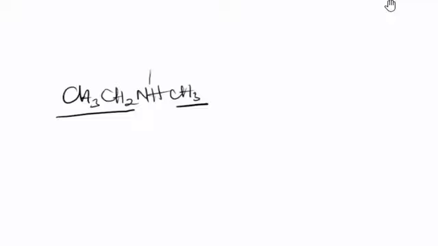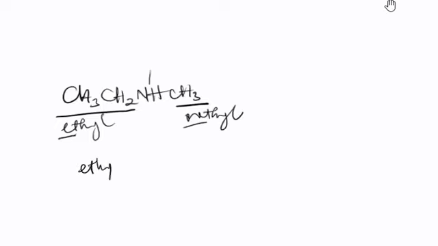So this is a methyl, this is an ethyl. Now I have to write this in alphabetical order, so naturally E comes before M, so I'll name this as ethylmethylamine.